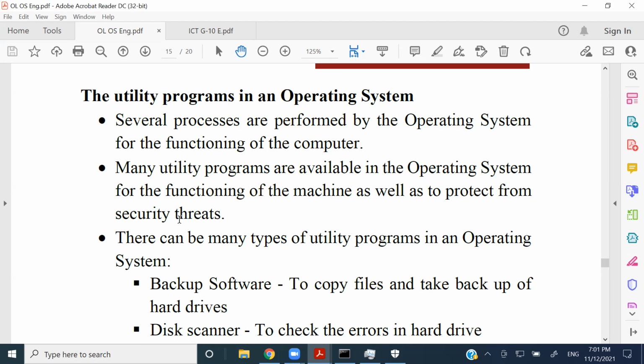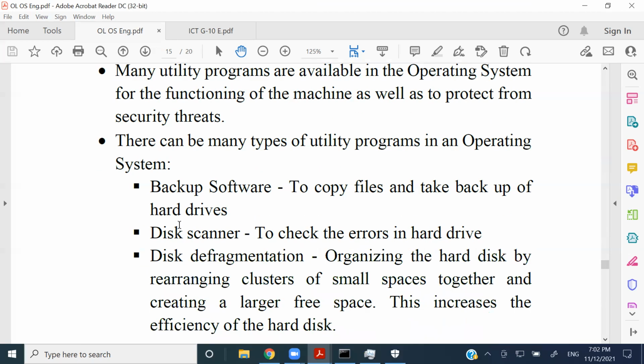For that, they have application software. Utility software is there to help the operating system as well as the user to have their work done in a smooth manner, right? So here are some categories, like backup software. Having a backup is a good thing, right? If you have some important documents or works of yours, it's better you always have a backup. Backing up can be done by backup software, right?